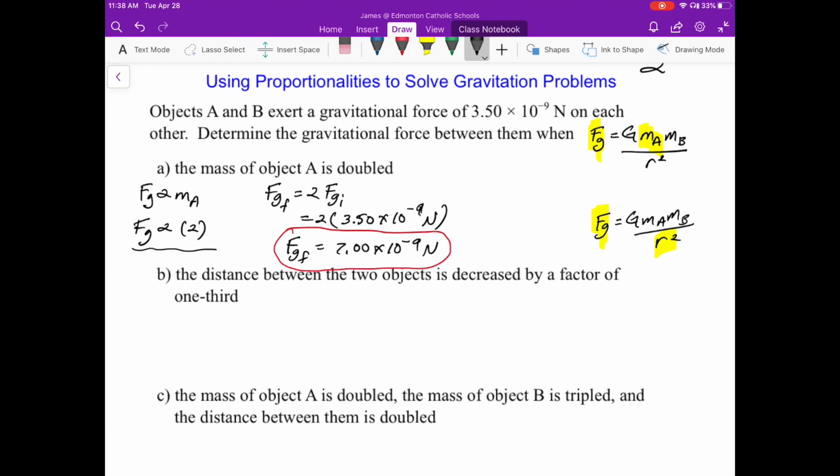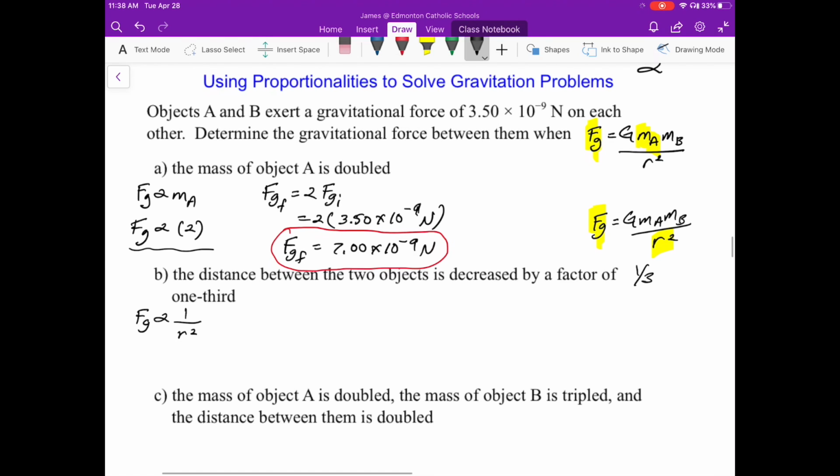Well, from before, we remember that that is an inverse squared relationship. So the distance between the two objects is decreased by a factor of 1/3. So now we've got 1/3 the distance, 1/3 times r.